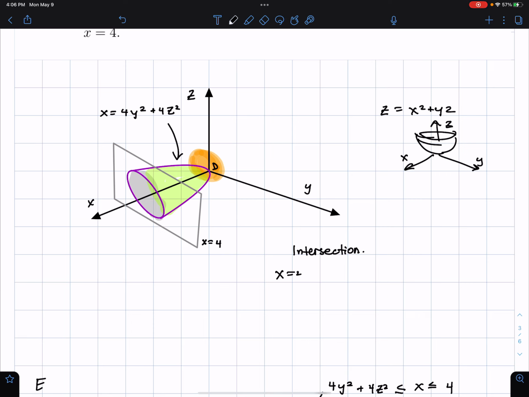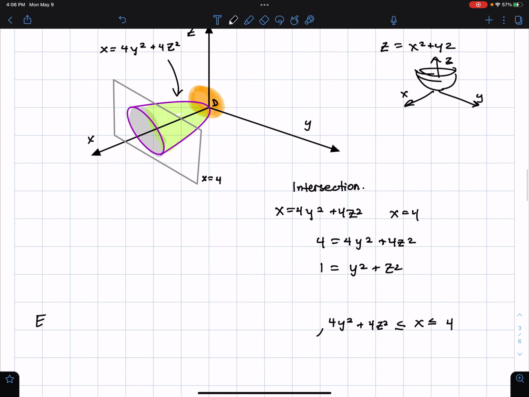So I have x equals 4y squared plus 4z squared, and I have x equals 4. When I set these equal to each other, it falls out pretty quickly that 1 equals y squared plus z squared. So y squared plus z squared equals 1.